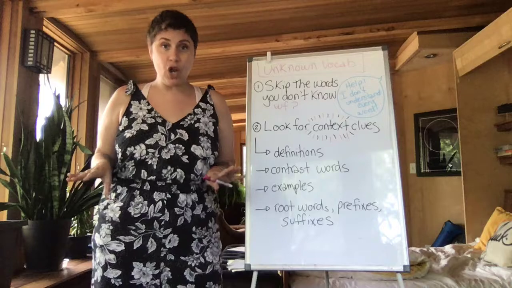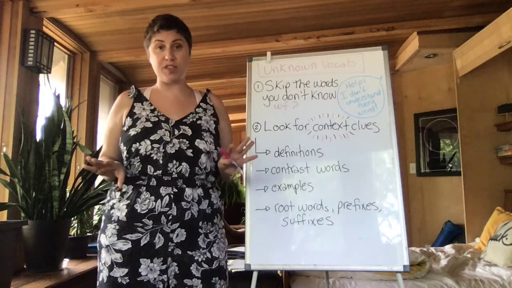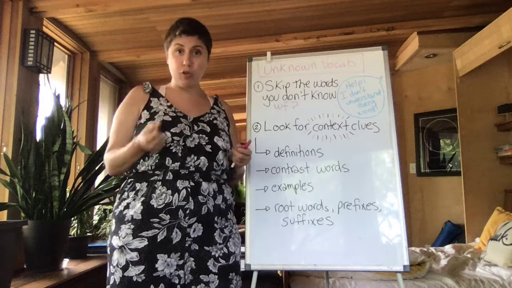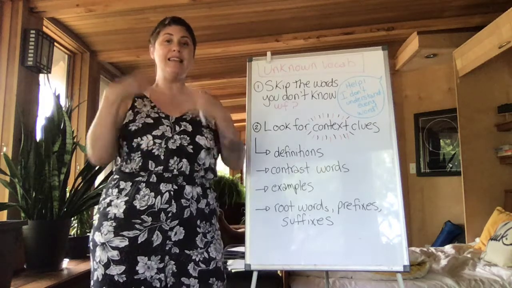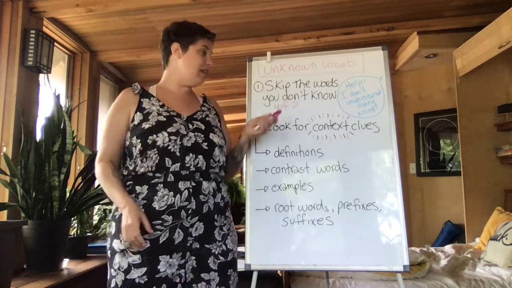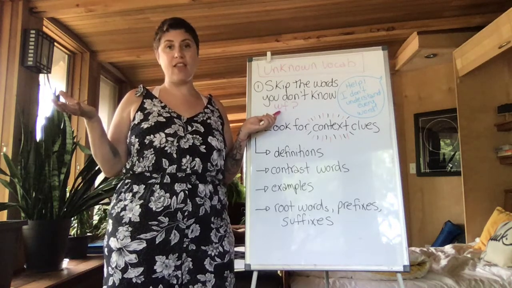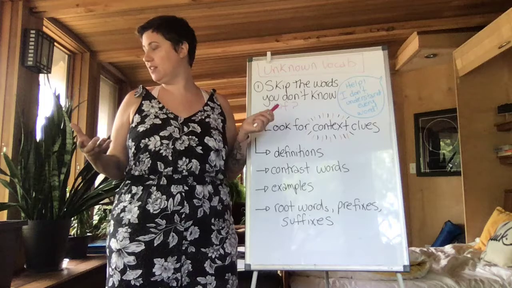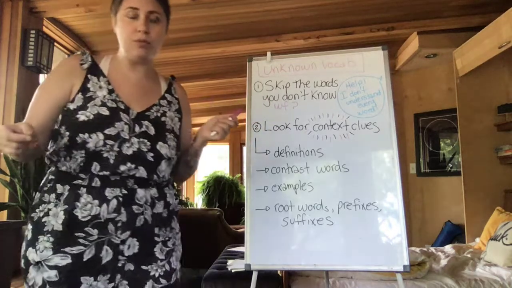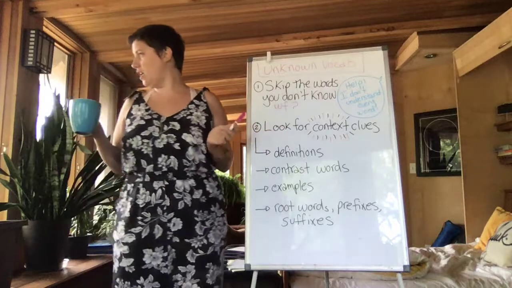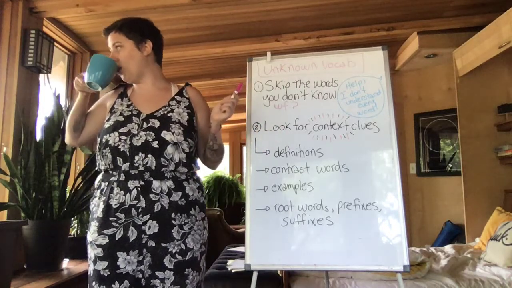Also remember, we don't have to understand what this word means exactly. Sometimes just a little bit of information about the word is enough for us to continue. Like in this case, all we need to know is the word form, and then often that's enough to continue reading. Okay, so if we're looking in the context, what are we looking for?